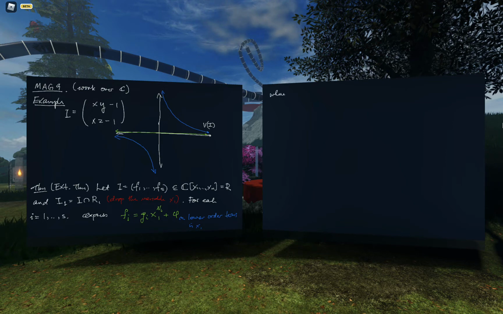Okay, so where n_i is greater than or equal to 0, and g_i is non-zero. These are all in R1, and the degree of x1, I already said this, is less than n_i.